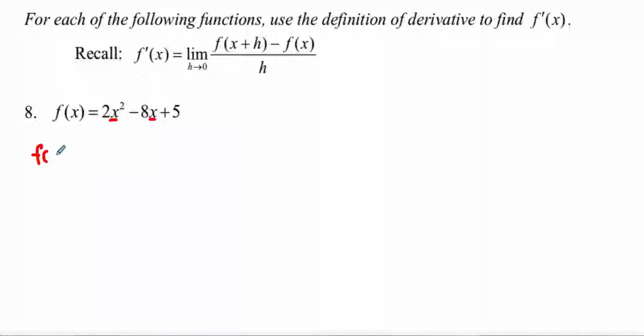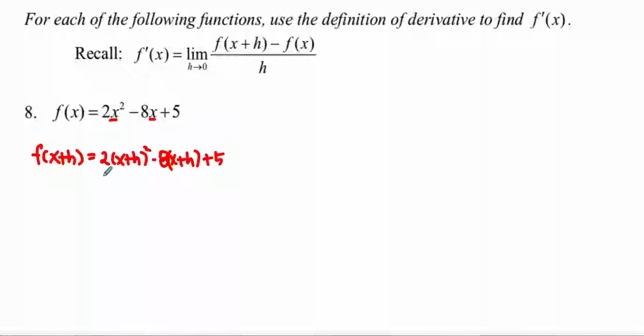Then f of x plus h would be equal to 2 times x plus h squared minus 8 times x plus h. Don't forget the parentheses here, and plus 5.